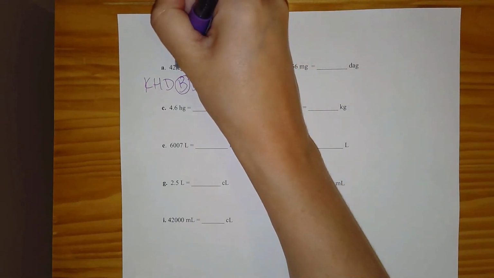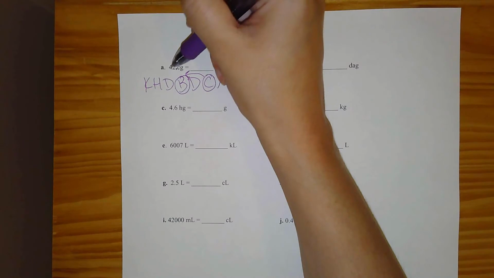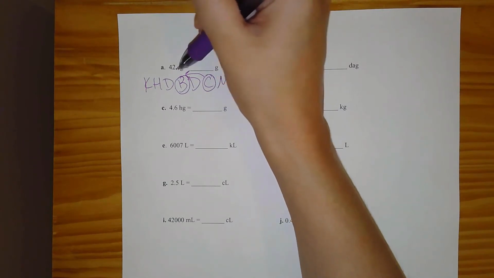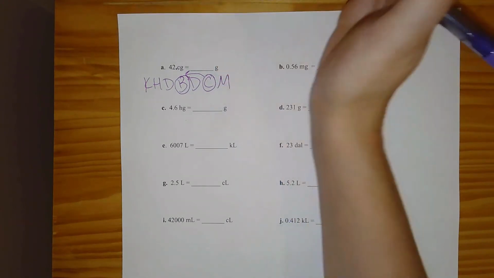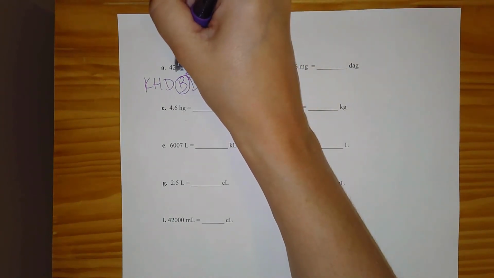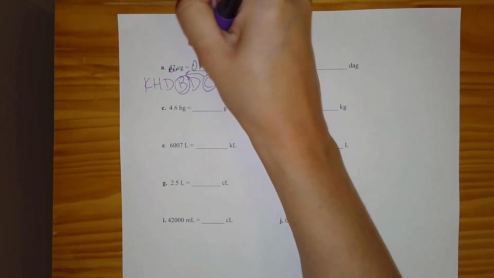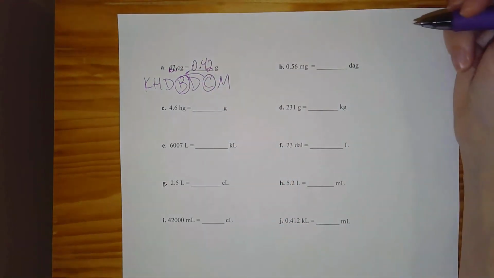So here's my decimal. If you don't have a decimal, if it's a regular integer, it's after the number. So this is 42.0, and there's lots of zeros that would keep going. But here's our decimal place. We're going to go to the left 1, 2 spaces. So this would be 0.42 grams.